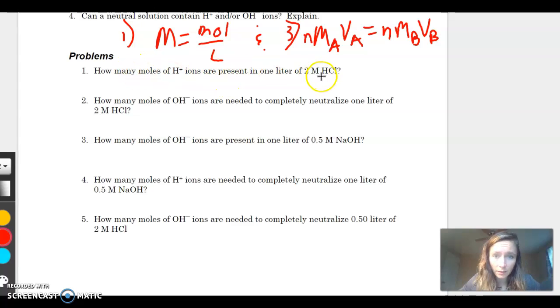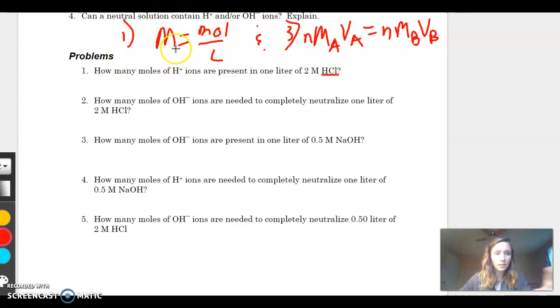It's only talking about one substance, just the acid, and it's not talking about a base at all. So there's no reason to use number 3, this equation, because you don't have any information about a base. So it makes sense to only use equation 1 because you're only talking about one substance.